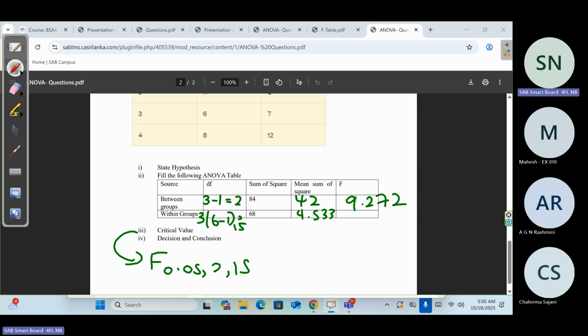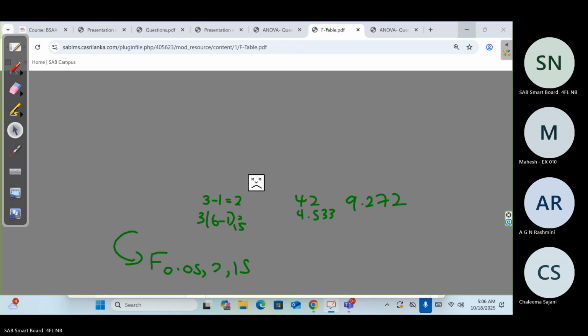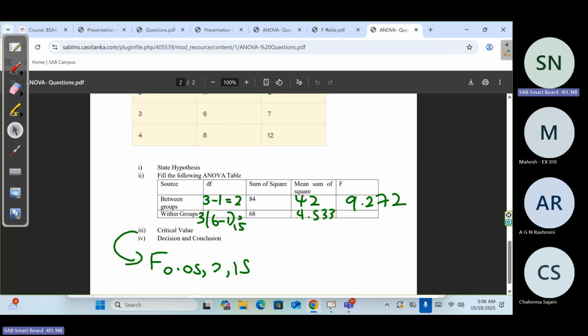Critical value is alpha and the DF 2, DF 15. What is the 2 and 15 critical value? 3.68.